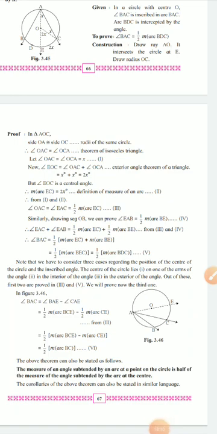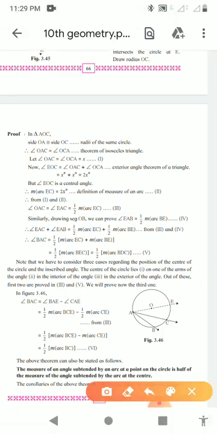Okay, now see, for determining the position of the center of the circle and the inscribed angle, we need to consider 3 cases, or 3 important parameters. First parameter is what? First is one of the arms of the angle, isn't it? Then we have to consider the interior of the angle, and the third one is the exterior of the angle.